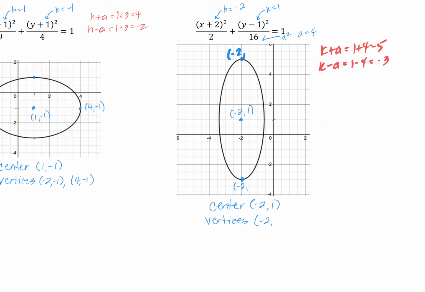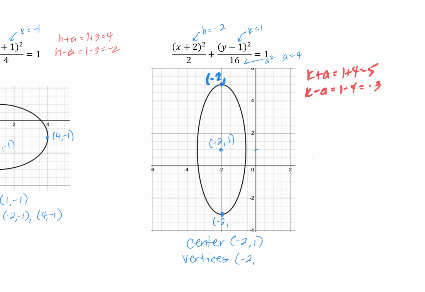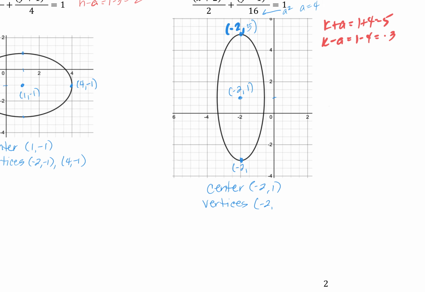Let's see if that makes sense with our graph. This should be a 5, and this should be a -3. And it is. So -2, 5 and -2, -3.